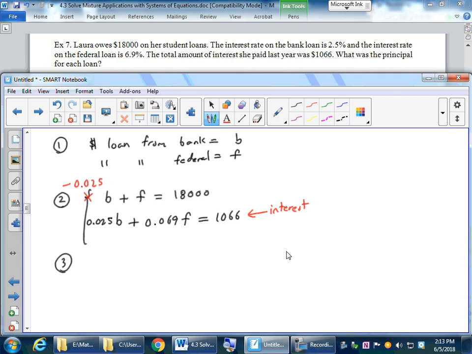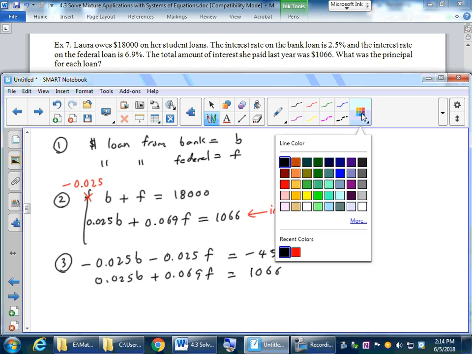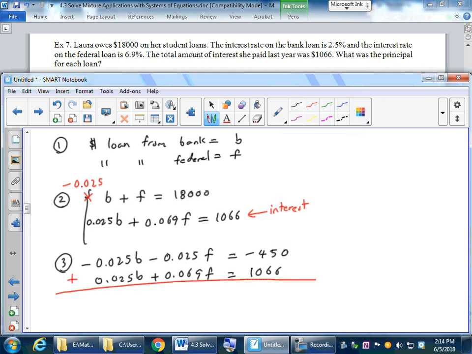Okay, so negative 0.025b minus 0.025f is equal to, now we have to multiply 18,000 times 0.025, which is negative 450, and then the second equation stays the same. So we add these two equations to eliminate b.